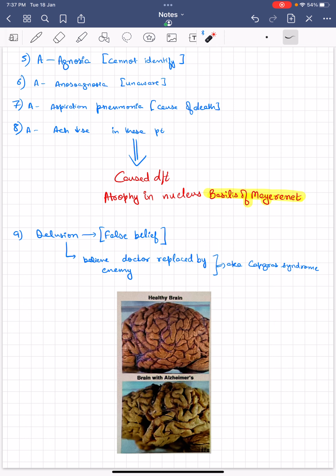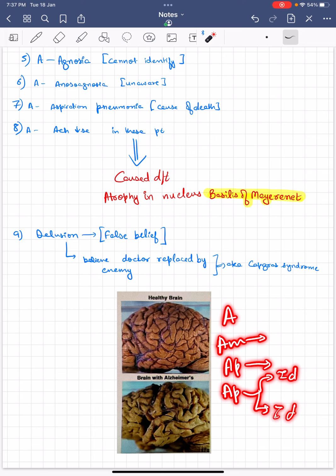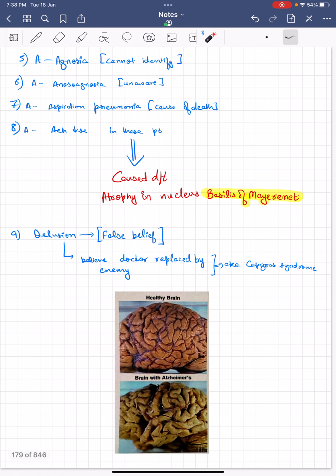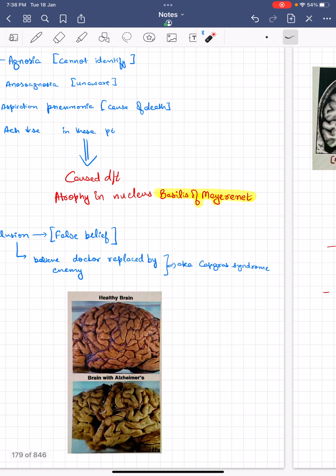So atrophy, amnesia, which was anterograde, aphasia, which was nominal, apraxia, which was of two types, ideational and ideomotor, followed by decreased ACh. One more A was agnosia, and aspiration pneumonia. There is also delusion leading to Capgras syndrome.